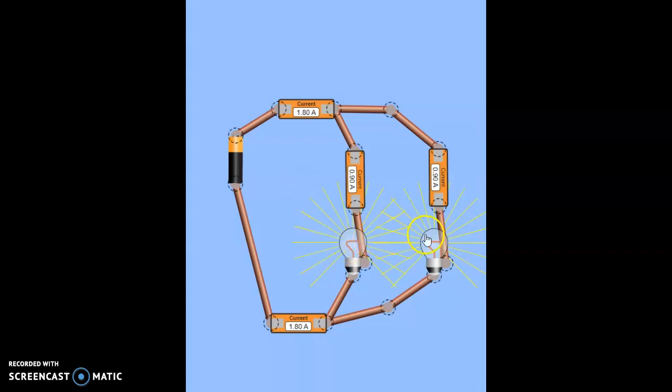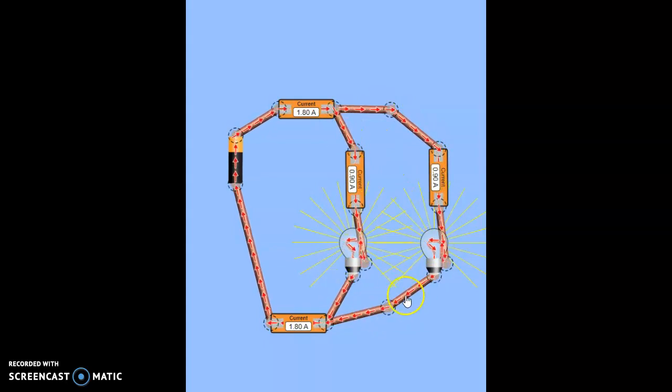So adding these bulbs in parallel has made less resistance and therefore more current through our trunk wire. We also see that in each of our branches we have less current than we did through the trunk wire. That's because the current through the trunk wire is splitting into these 2 branch wires.